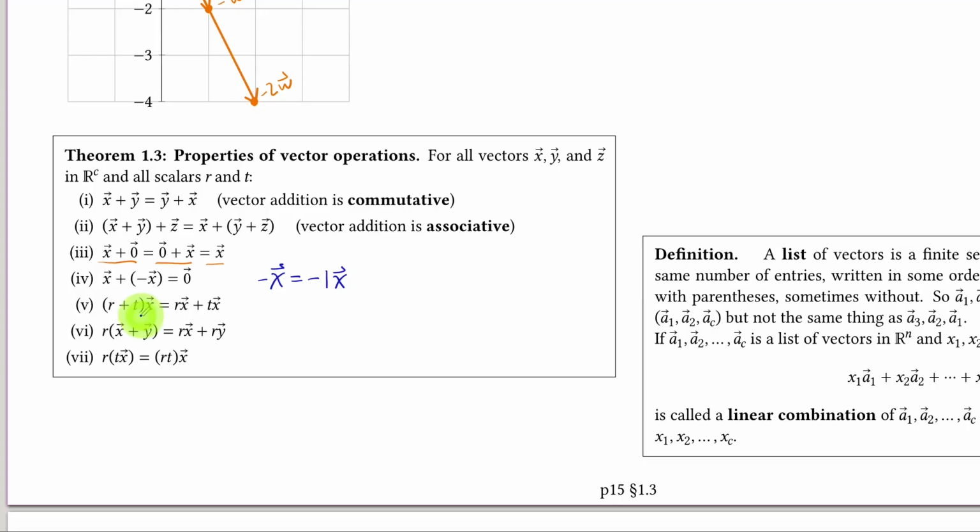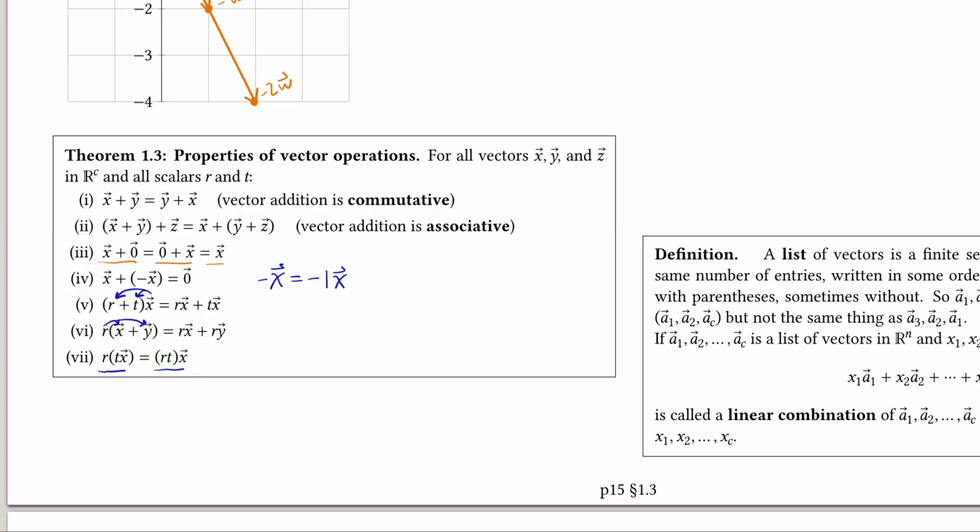This one says that scalar multiplication by vectors distributes over scalar addition. We can distribute that way. And the next one says that scalar multiplication also distributes over vector addition. And part 7 is another kind of associative law that says that scalar multiplication is associative with scalar by vector multiplication.